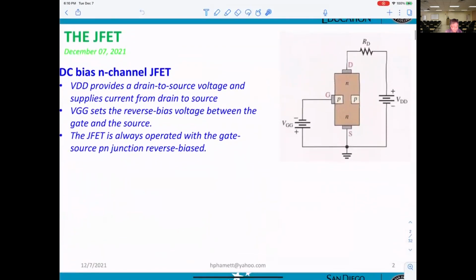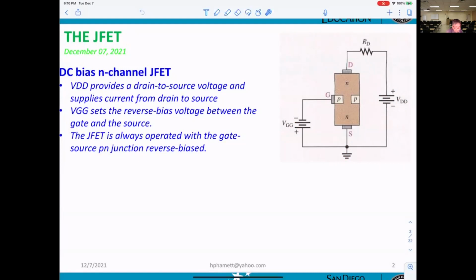Now, DC bias, N channel JFET. If you're looking at that, it will be N channel. The gate connects to the negative voltage VGG, the drain connects to the positive voltage VDD, and the source will be grounded.